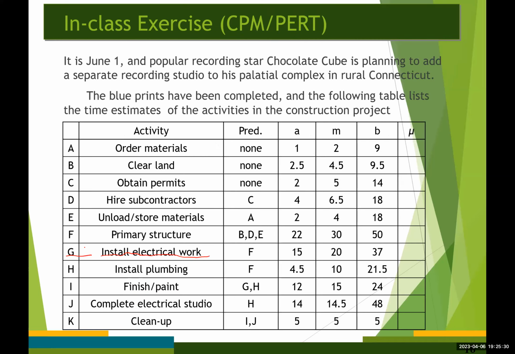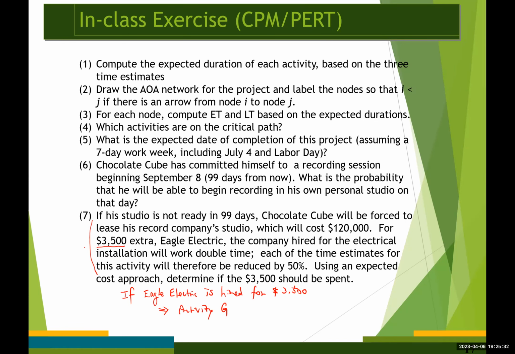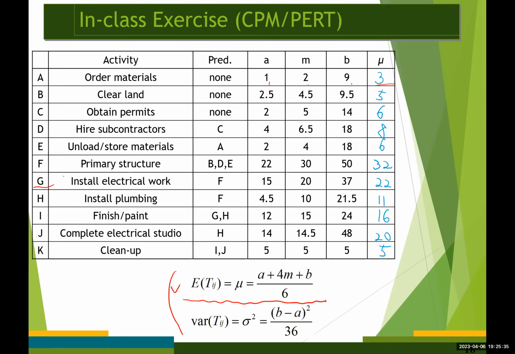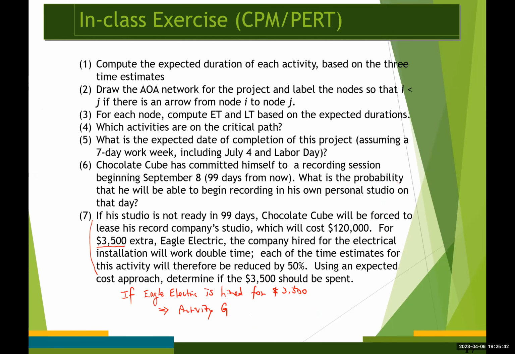Previously, for activity G, it was going to take 22 days, right? But by hiring Eagle Electric for $3,500, the time duration for activity G is going to be reduced to 11 days. Is that right?